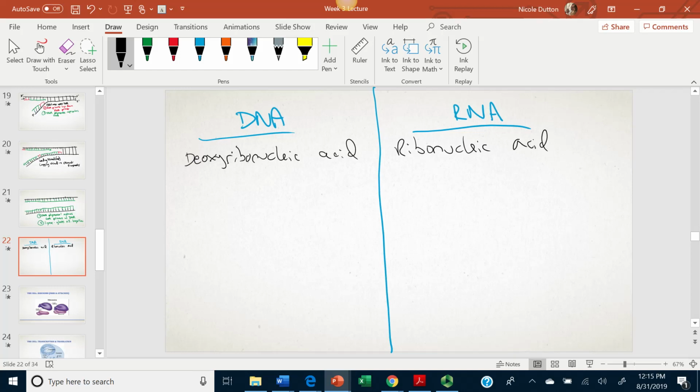And it's named different because there's a different type of sugar found. So instead of deoxyribose for DNA, it's ribose for RNA. The bases are also different, and we talked a little bit about this, but the bases for DNA are A, G, C, and T, while the bases for RNA are A, G, C, and U for uracil.